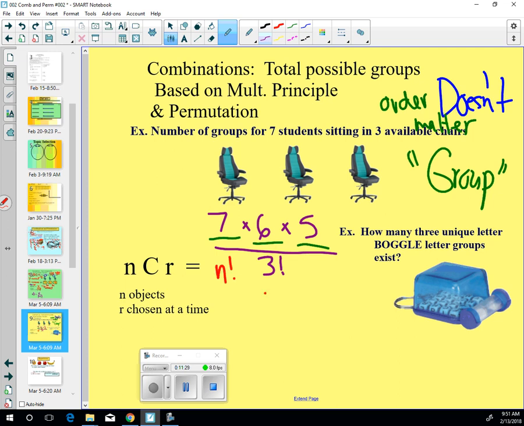N factorial over n minus r factorial is still happening. 7 factorial, chop off 4, 3, 2, 1. That's what this is. But we're also going to chop off what else? We're going to divide by what? R factorial. So it's kind of nice. Little formula.